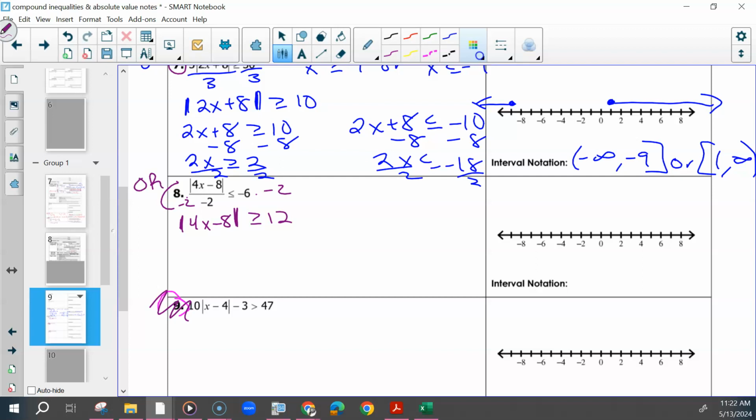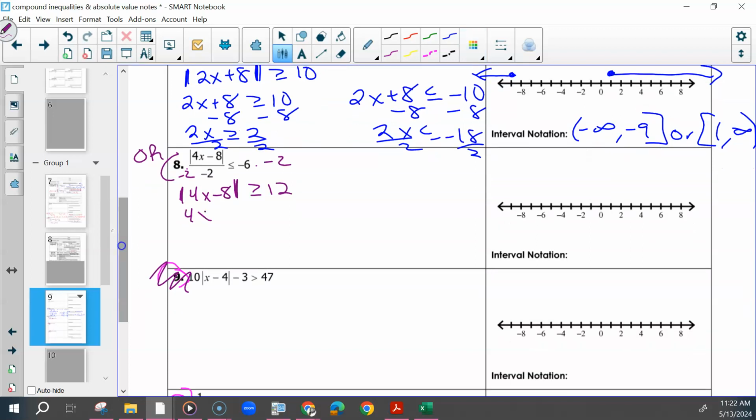So we can drop the absolute value bars and create your two cases, where one is greater than or equal to 12 and the other one is less than or equal to negative 12. And then just like the last one, solve that by adding 8.